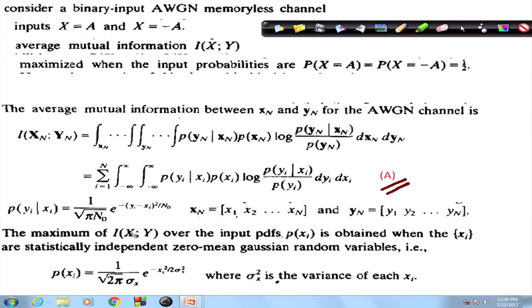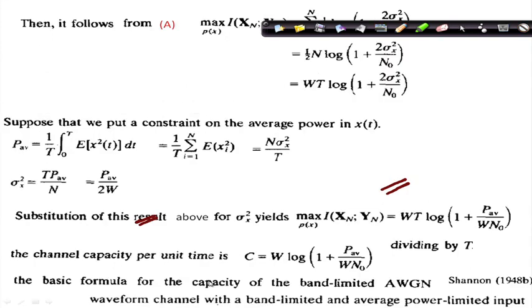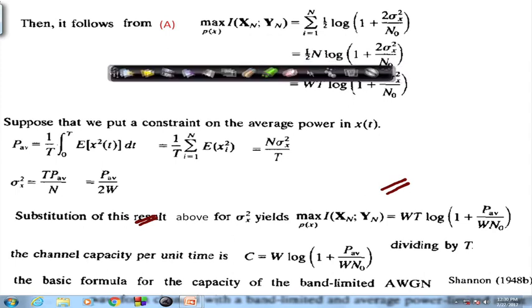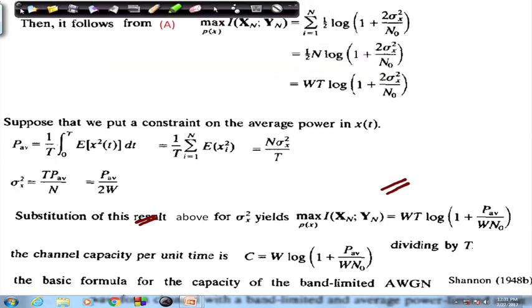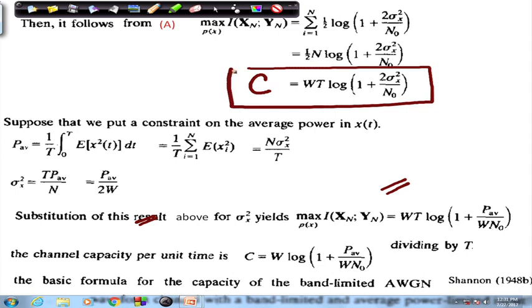So, when you solve this expression using these transition probabilities, using these conditional probabilities, what you end up with is an expression which I will not go through step by step, but finally, you would work out the channel capacity C as W, which is the bandwidth of the channel, T, which is the symbol duration, log base 2 of 1 plus 2 times sigma x squared, the variance of the transmitter, divided by n naught, right.